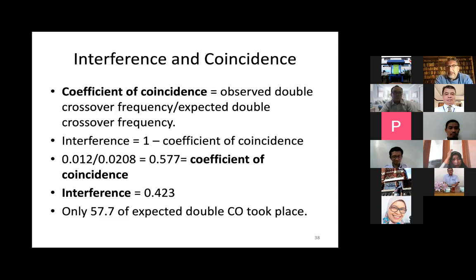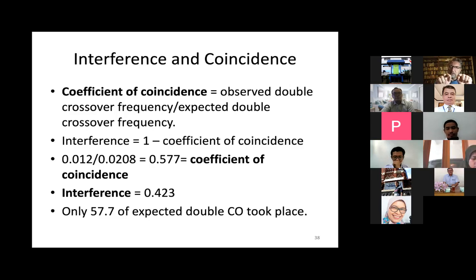So not only is the double crossover rate very low, but the closer the genes are, the lower it becomes. If you have 20% distance between two genes, you have 0.2, and the double crossover rate would be 0.2 times 0.2, which is 0.04. If you have 0.1 distance, for 10% recombination, the frequency of double crossovers will be 0.1 times 0.1, which is 0.01.